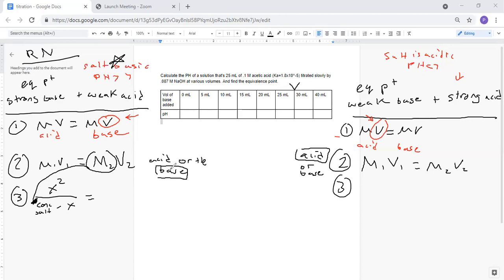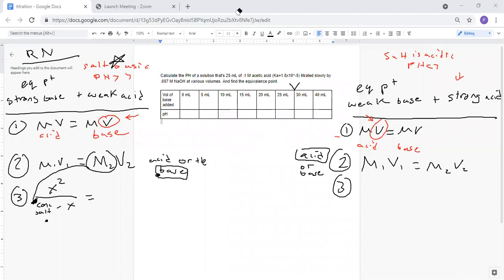Because the concentration of base or the concentration of acid, whatever it is, it's gonna push all the way, and you're gonna have the same concentration of salt. So remember, we had minus x, then we have plus x. That's because all the x goes here. So whatever this molarity of base is, it'll end up being our concentration of salt. So hopefully that makes sense.